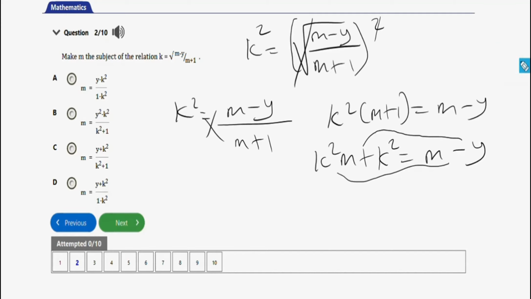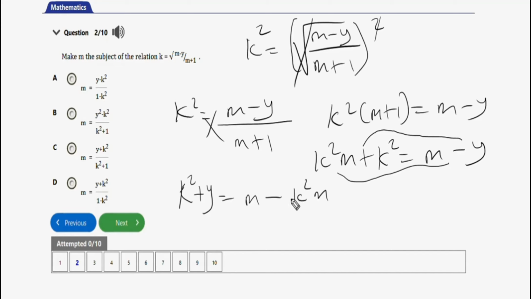So when you do this, since minus y is coming over, we're going to have k square, and if minus y crosses over, it will change to plus y, equals m. If k square m crosses over, it changes to minus k square m. Remember we want to make m the subject formula.